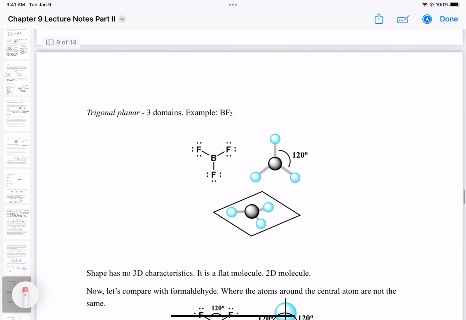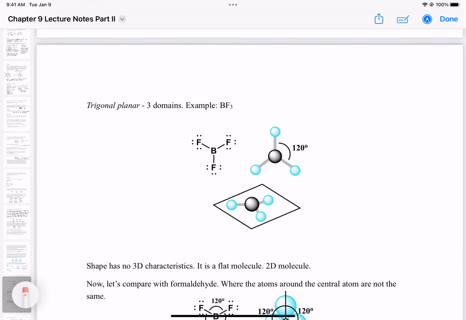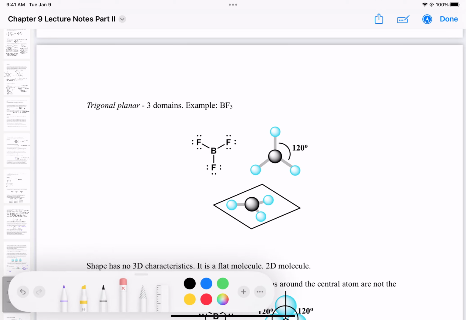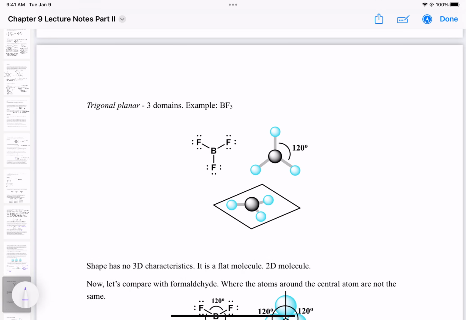All right, so now we get into 3 electron groups, 3 domains. So here's one example, boron trifluoride. So boron trifluoride has 120-degree bond angles. So we call it trigonal planar because it has 3 points on a plane.